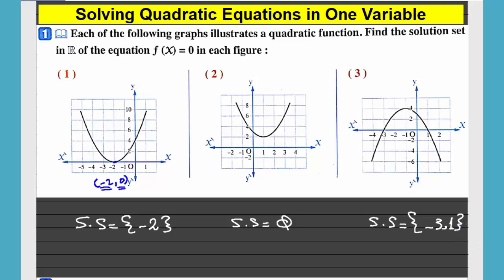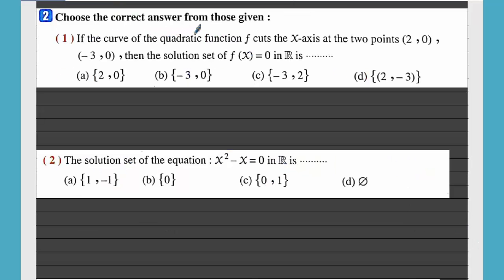Next question. Choose the correct answer from those given. If the curve of the quadratic function f cuts the x-axis at the 2 points (2, 0) and (-3, 0), then the solution set of f of x equals 0 in R is the x coordinates.